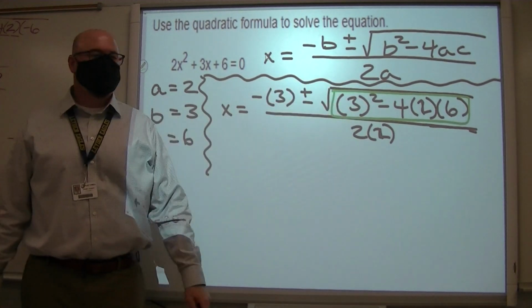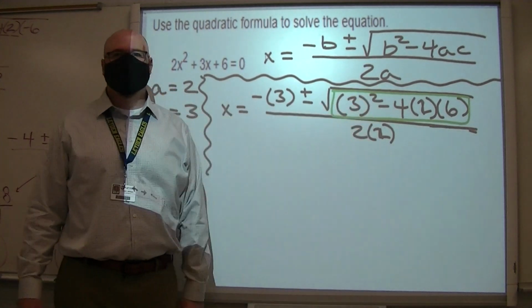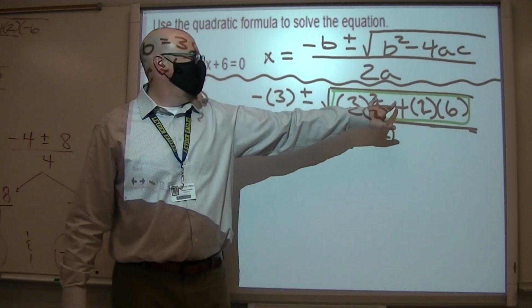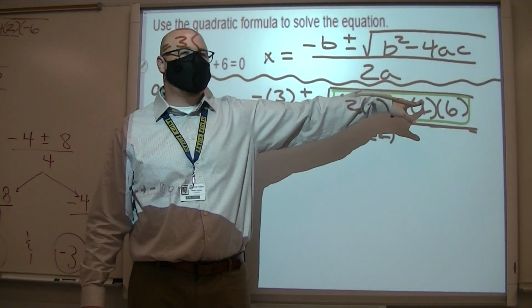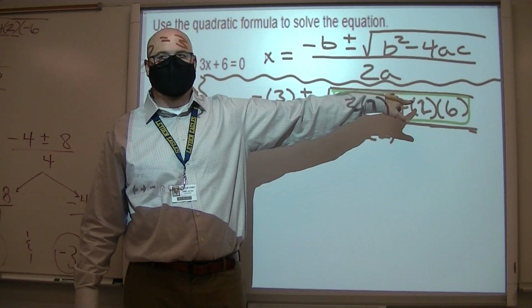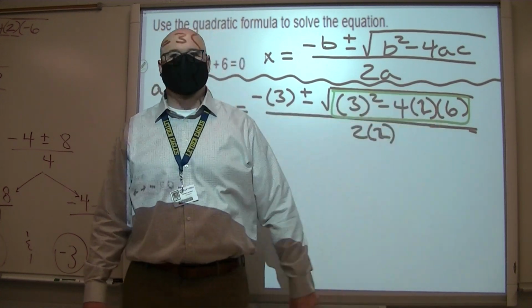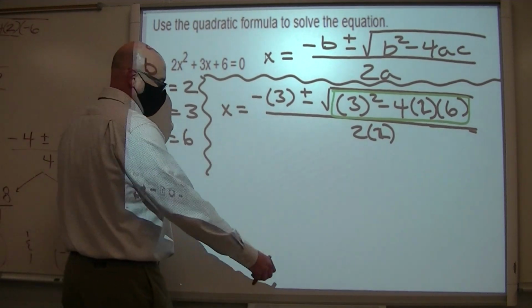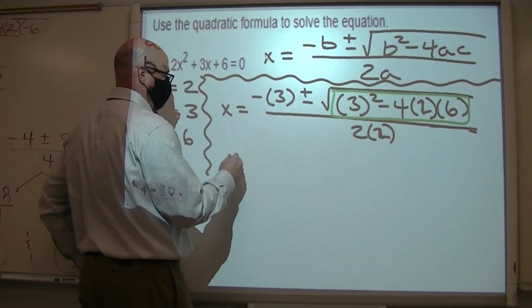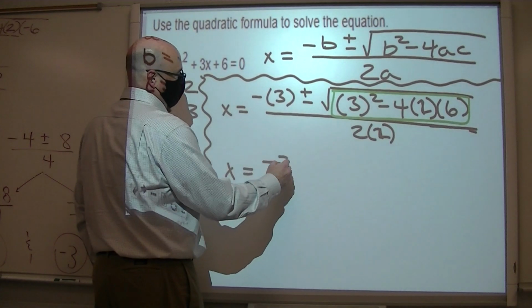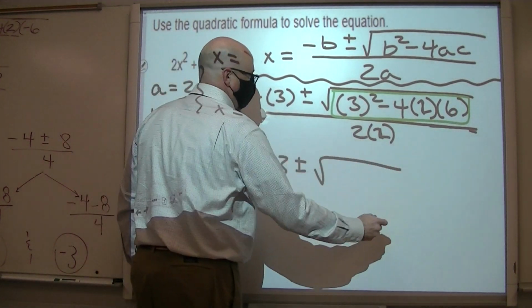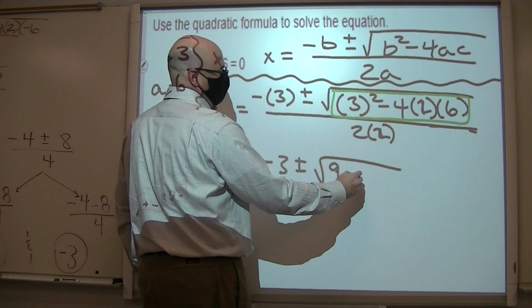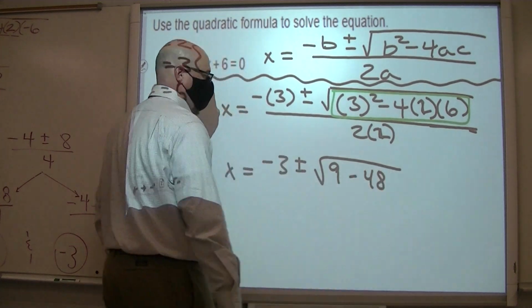Right? Let's try this in your head. What's 3 squared? 9. What's -4 times 2? That's -8. -8 times 6 is -48. So we have underneath that radical, let's go with it, -3 plus or minus the square root of 9 minus 48.